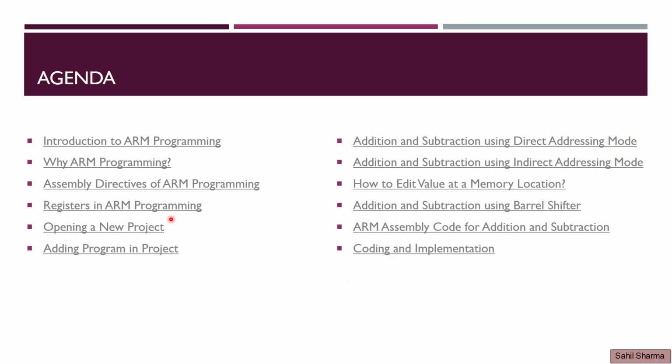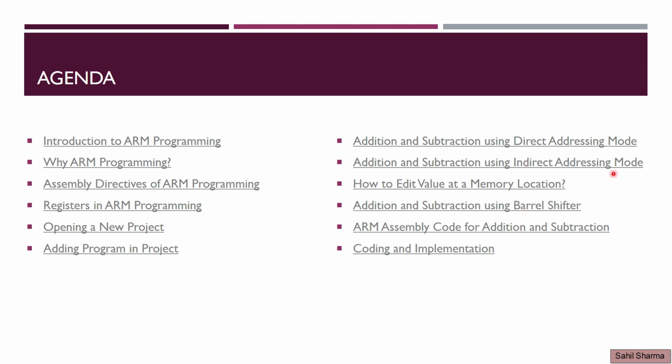Then by using Keil Microvision software, we will see how to open a new project and then adding our program in the project. Then I will be discussing three types of addition and subtraction. First type will be direct addressing mode, second type will be indirect addressing mode, third type will be using barrel shifter.